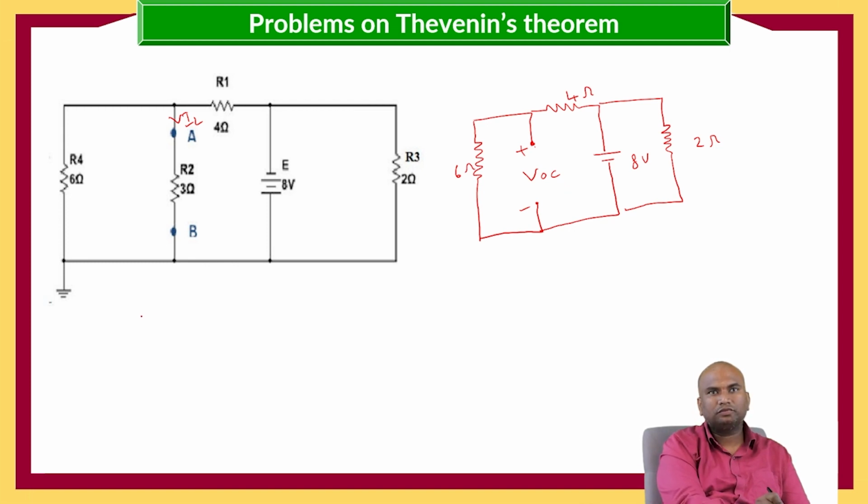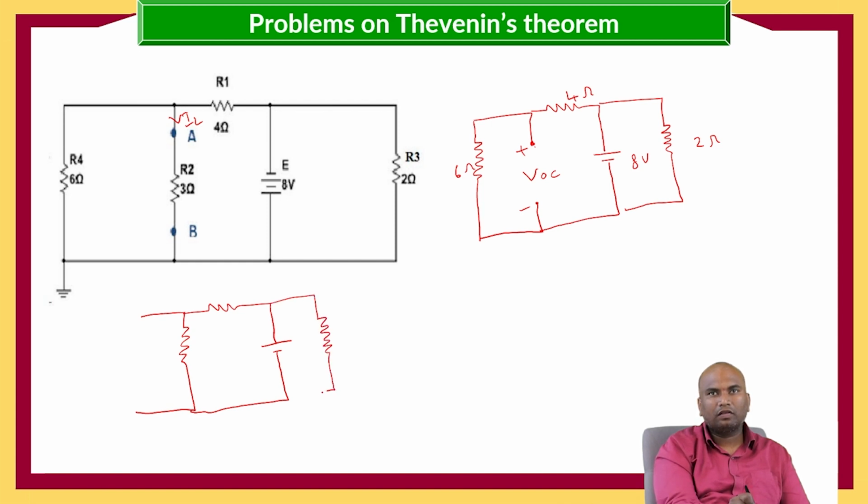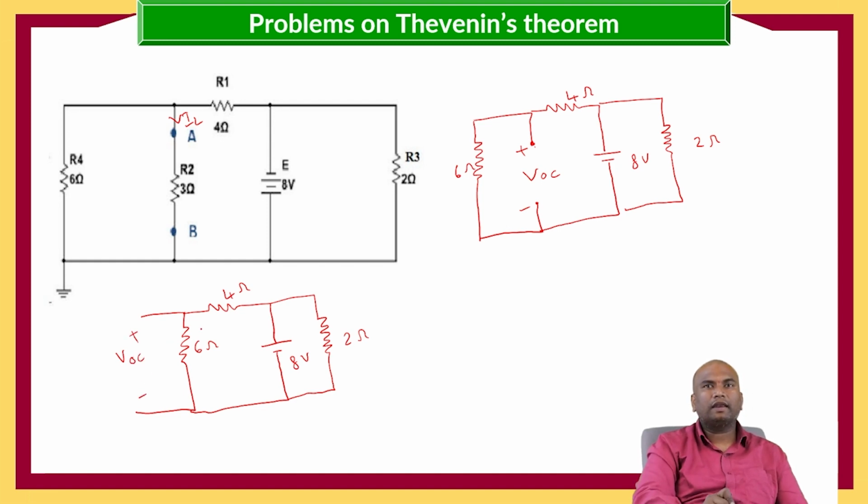So the circuit will become like this. 2 ohms, 8 volts, 4 ohms, and 6 ohms. This is the VOC. So voltage across 6 ohms we need to calculate.